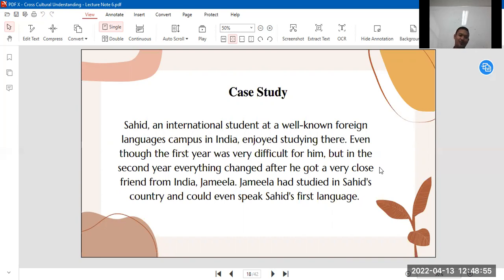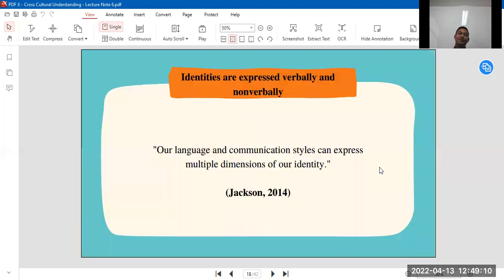Can you try to predict what's happening here? Why did Sahid gradually change? Now he enjoys his studying more than he used to. Probably the answer is here, but let's first discuss the characteristics of identity.